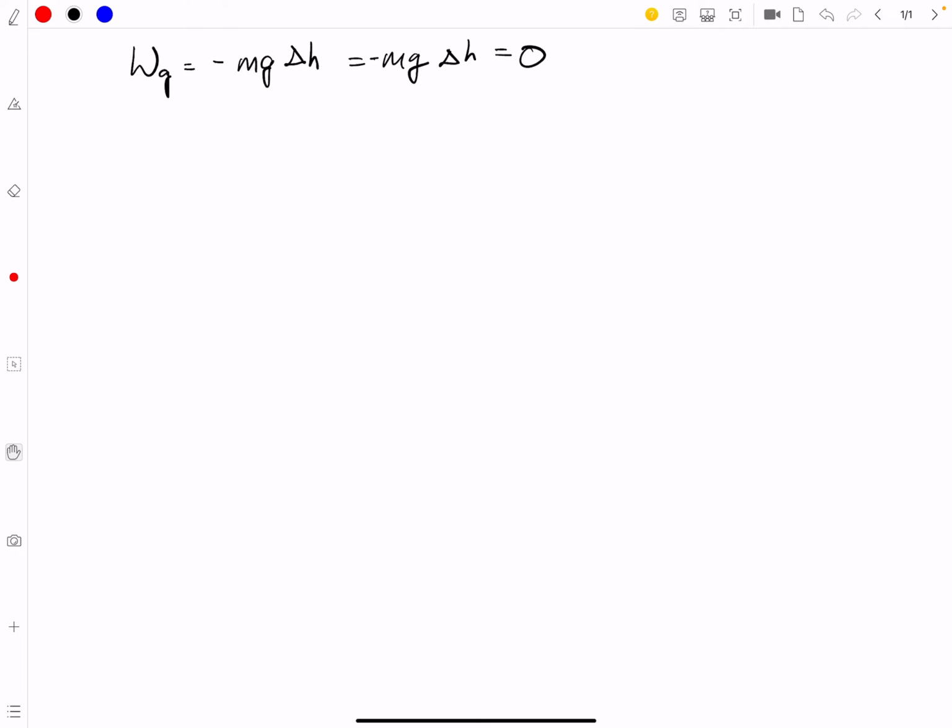Okay, so along that E field line, E field lines are the lines of force.